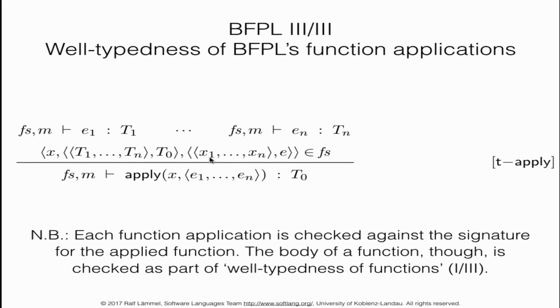We don't really care about the names of the arguments here, and also not about the body because we checked this already, but we care about the result type because this is the result type of the function application.